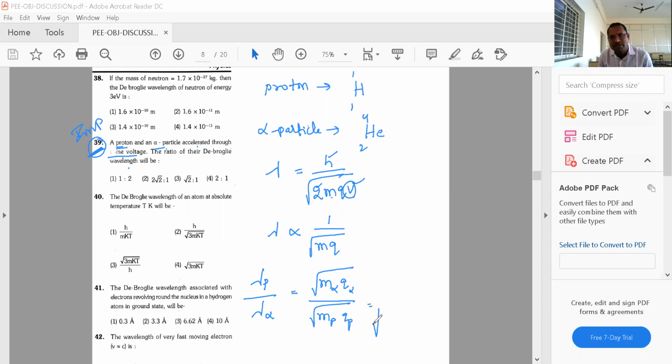It can be written as under root of mass of alpha particle, charge of alpha particle by mass of proton into charge of proton. Now see, it will be under root of. Can you see this color? I'll take red color. Mass of alpha particle: what is the mass of the alpha particle? It is 4 times.